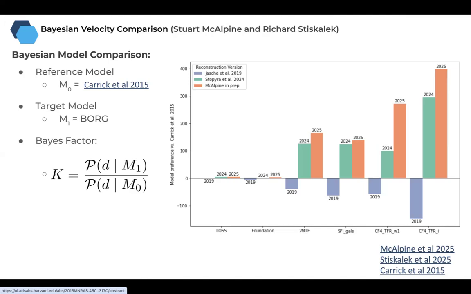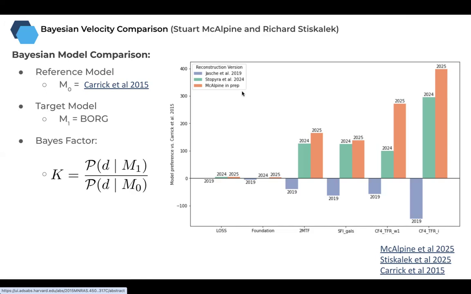A larger value basically shows an improvement over the Carrick et al. 2015 velocity field.